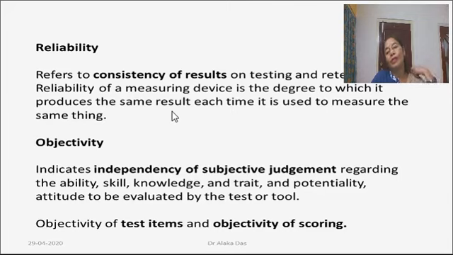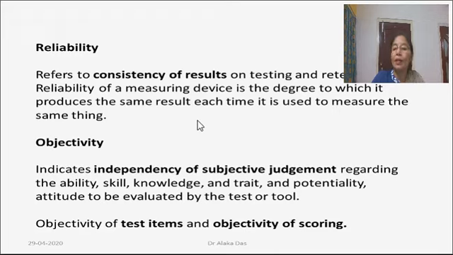Suppose I am using an intelligence test to measure the IQ of our 4th semester students, and after a proper time gap I use the intelligence test again. When the score found in the first trial and the score found in the next trial are similar to a degree, then the tool may be termed reliable.